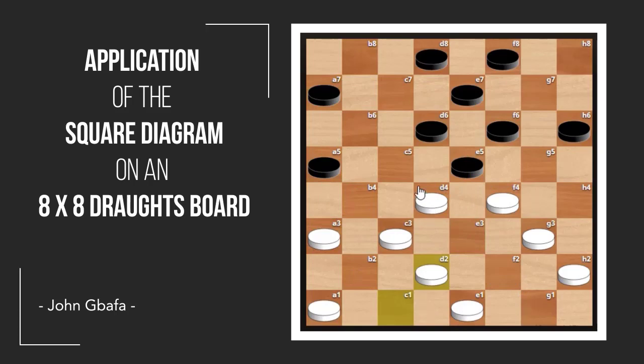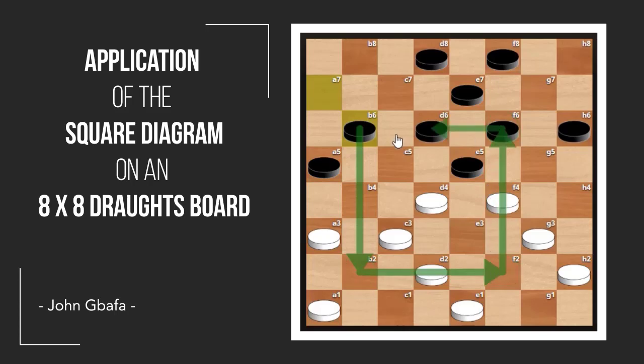And then the opponent responded with A7, B6. I responded by playing D2, E3. Let's draw the square diagram from that position. The vertex at B2 is surrounded by A3, C3, C1, A1.